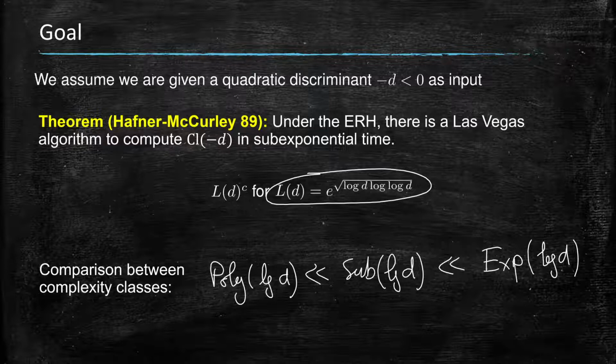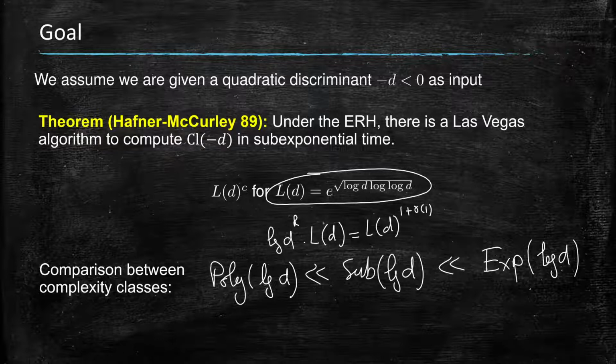Now, the differences are more than just a power of each other. So, for example, if you have log d to the power k, a constant power k, times L to the d, that is L to the d to the 1 plus o of 1.